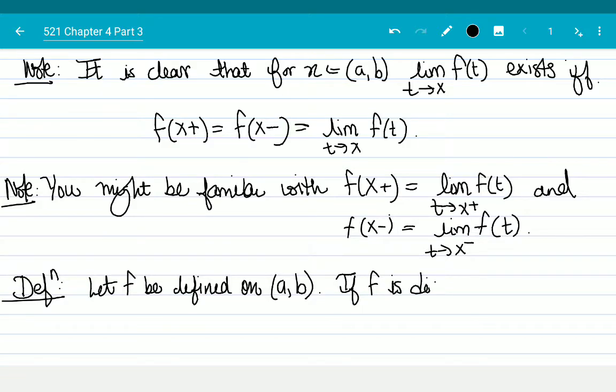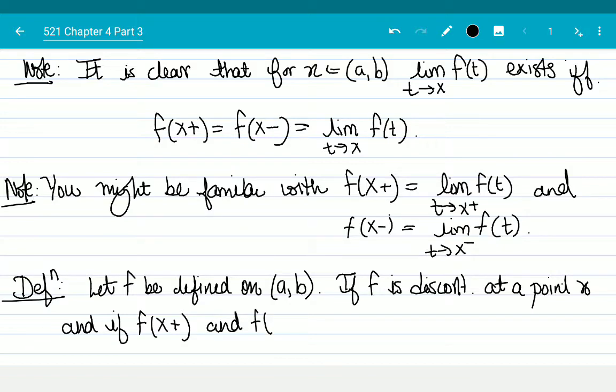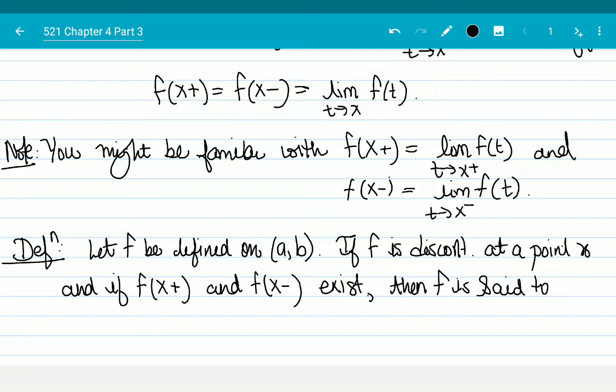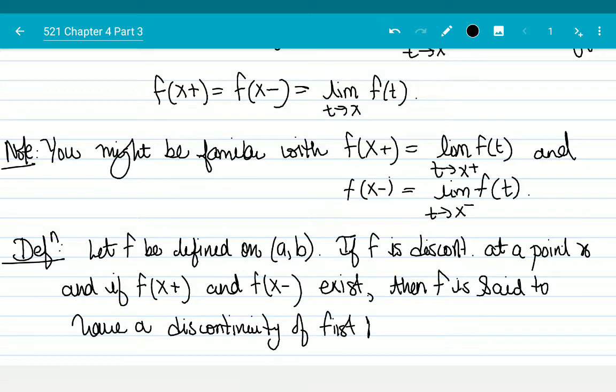If f is discontinuous at a point x, and if f of x plus and f of x minus exist, then f is said to have a discontinuity of first kind, also called a simple discontinuity, at x.